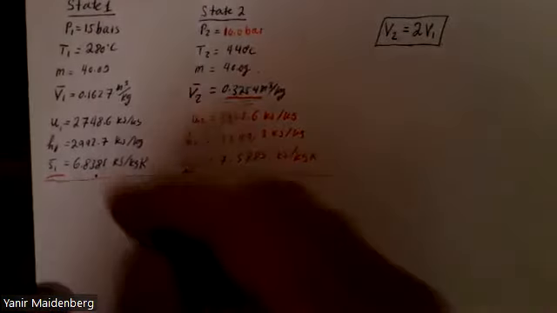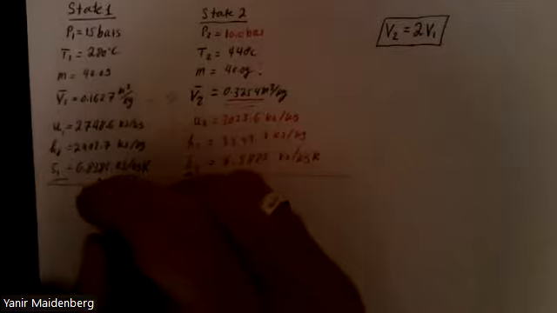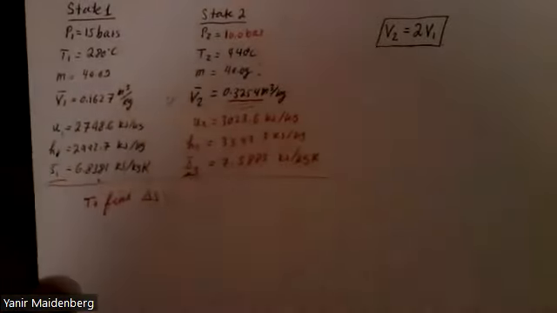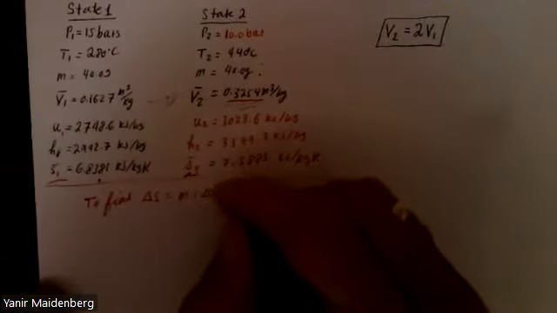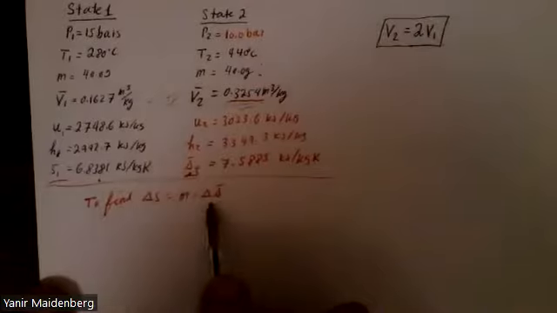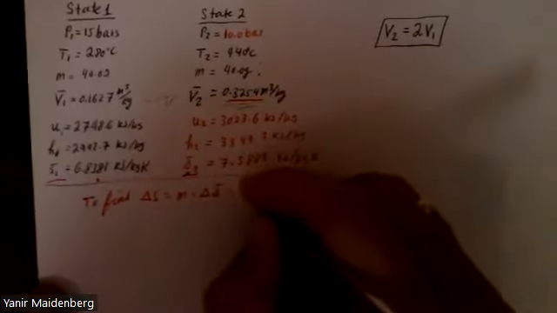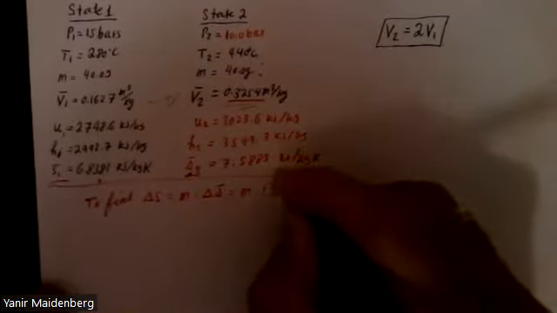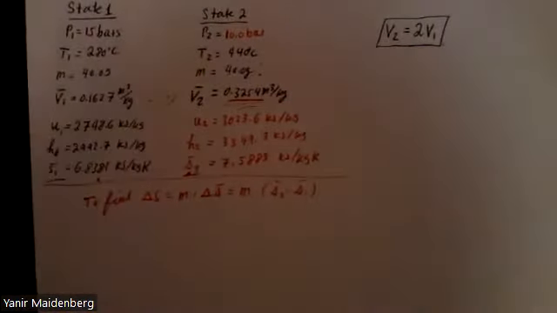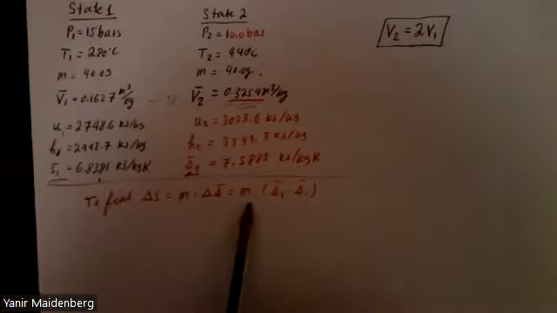So to find delta S, just do mass times delta S. And this is from the tables, meaning mass times S2 minus S1. And just sub them in.